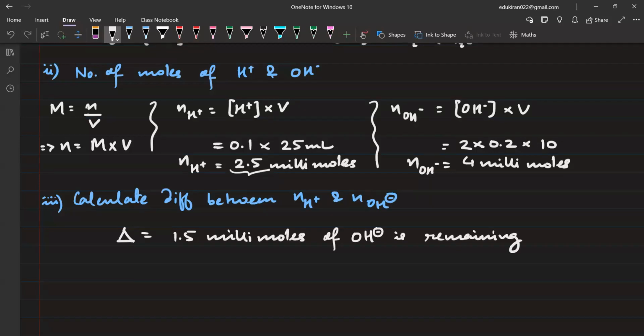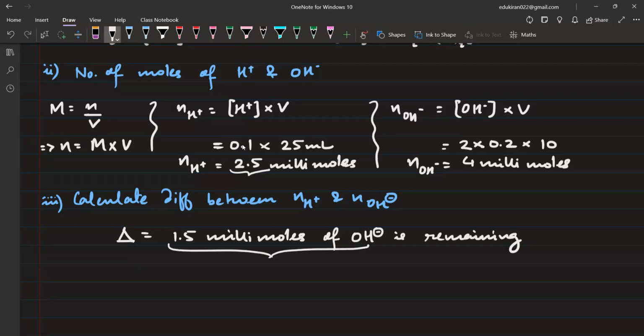Make sense? Yes or no? Whatever H positive you added is neutralized by the OH negative because OH negative is in excess. Make sense till here? Yes, sir.